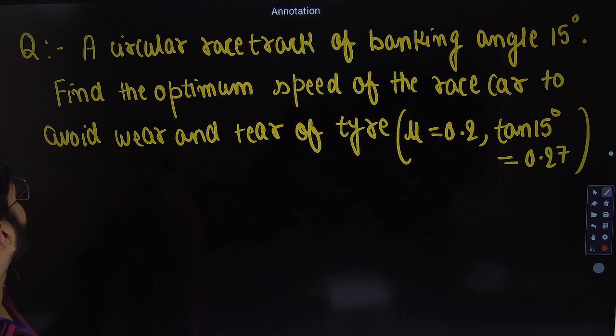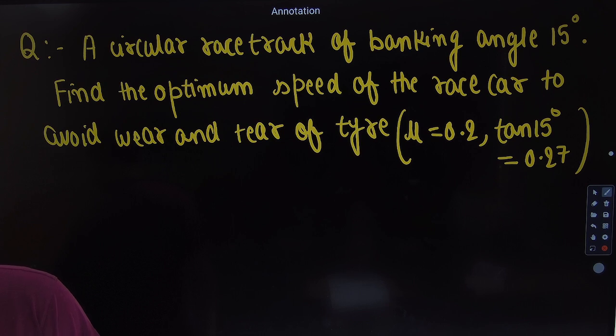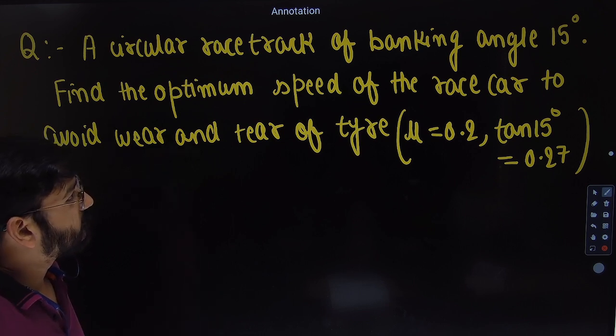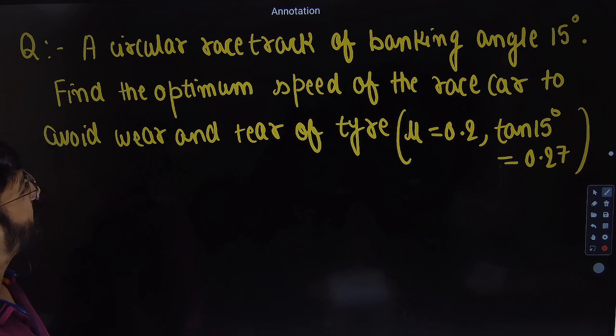R is not given. Circular track, banking level given. Achha, I forgot to write R only. R you can take.